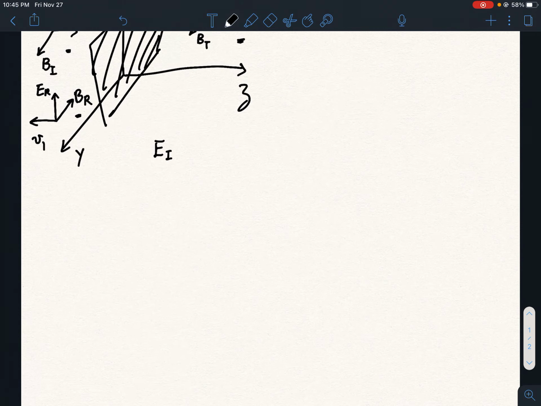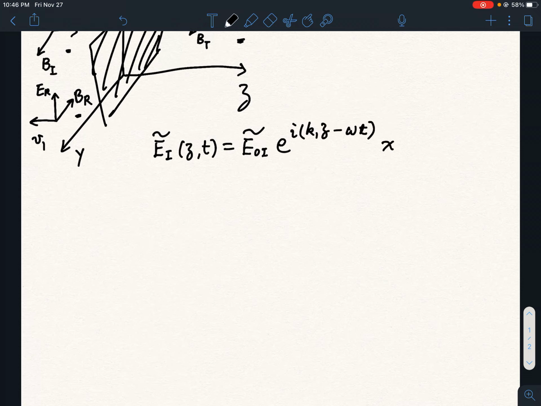We can write down the incident one, E_I. Of course, it depends on z and t, because this is a plane wave. So we have the magnitude E0, and then we have k1 z minus omega t.